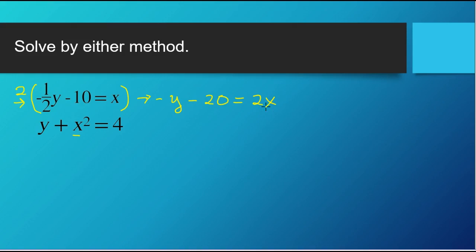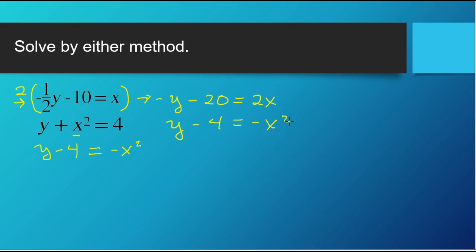And now the second equation is not in the same order, so I need to take care of that. I'm going to subtract 4 from both sides. And then I'm going to subtract x squared from both sides too. And so I'll get -x squared. And I did that so it would align with my top equation. So then I get y minus 4 equals -x squared.